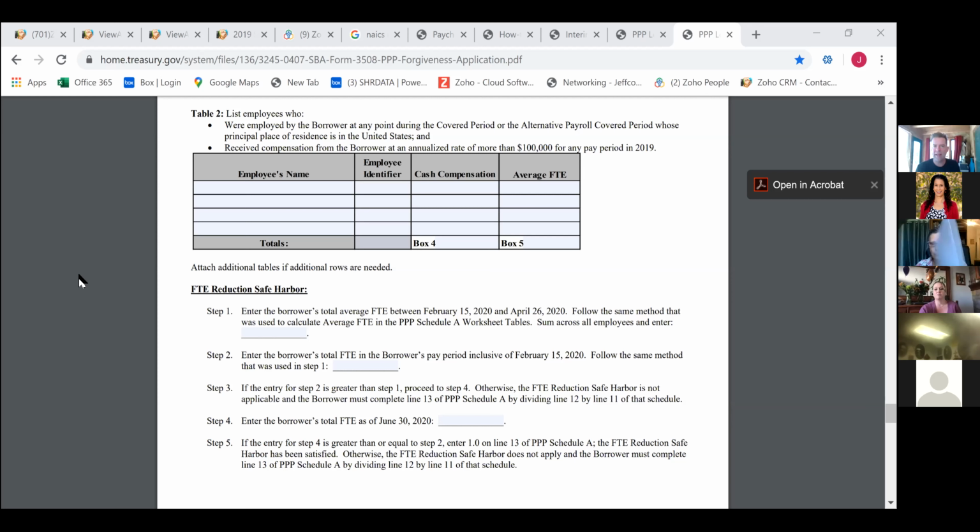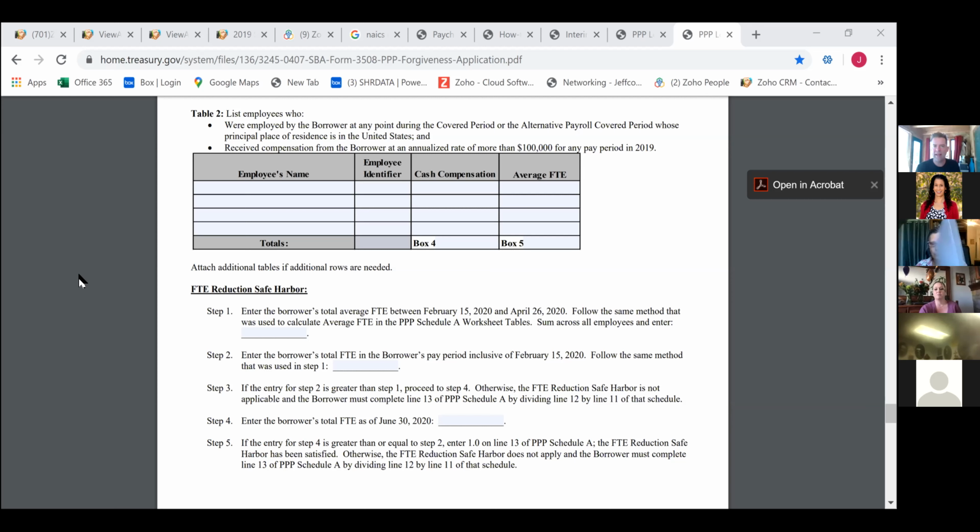There are three things that would qualify for that reduction. The first one is if an employee chooses not to come back to work for whatever reason, they just say, I'm not coming back. The second reason is they were terminated for cause, so you choose not to bring them back.